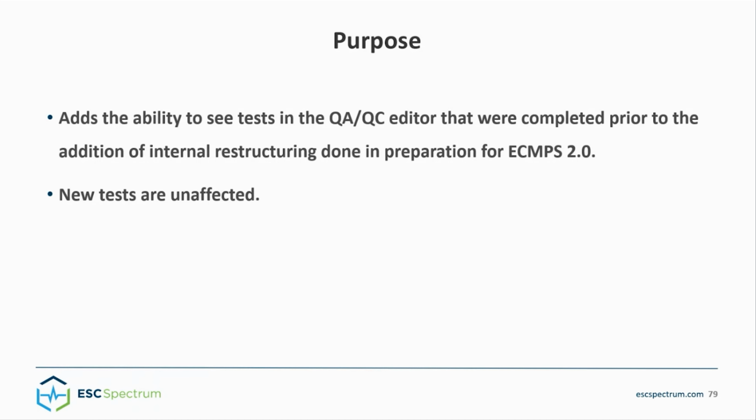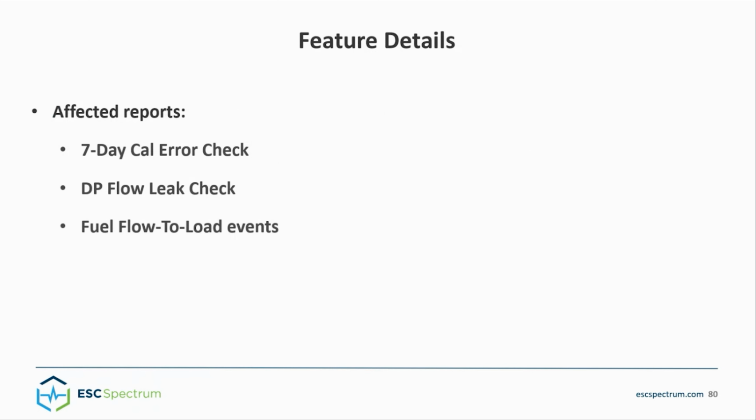This is only to make it visible in the QA/QC editor. All of the backend data will still be intact. And this affects reports of type 7-day cal error check, DP flow leak check, and fuel flow to load events.